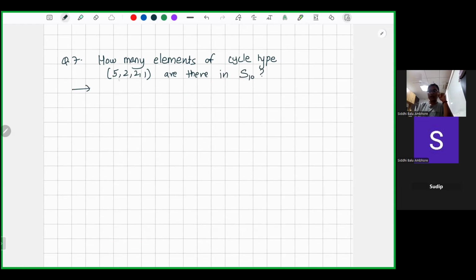Note that 5 plus 2 plus 2 plus 1 is 10, so this has to be an element in S10. It's not possible otherwise. So we have a formula for this.